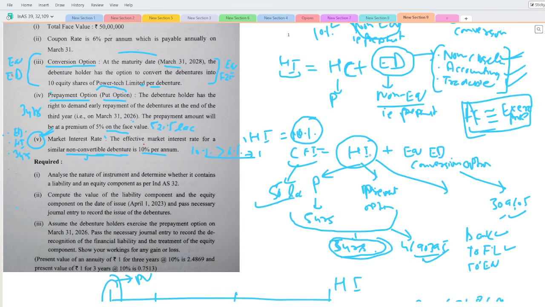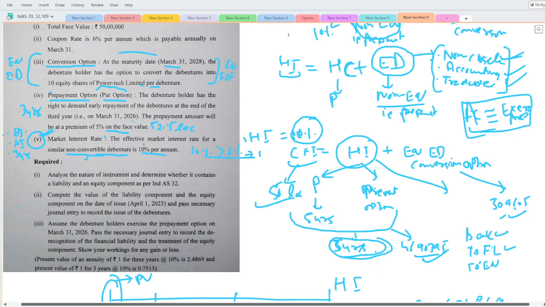The CFI is your hybrid instrument plus the equity embedded conversion option. In the hybrid instrument, you have a plain vanilla debt plus your prepayment option, that is your put option, and this is your equity embedded derivative, that is your conversion option. So here the hybrid instrument life is 5 years.